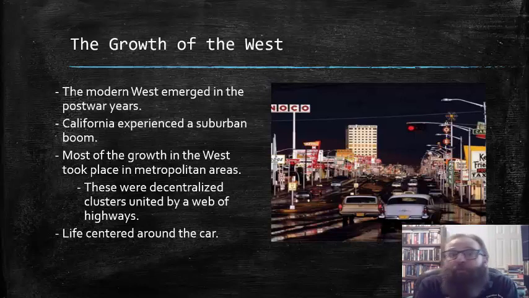Most of the growth in the western United States took place in metropolitan areas. These were huge decentralized metropolitan urban clusters united by an increasingly complex web of highways, and very much life came to center around the car, as in order to basically live in these huge metropolitan areas, a car became an absolute necessity.